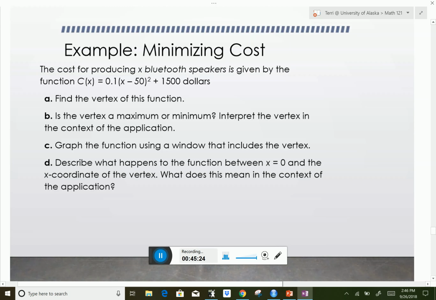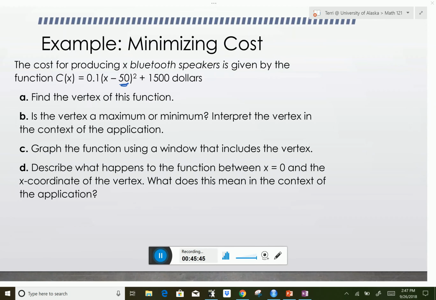So the vertex of this function, we see that this is in the form a times (x - h) squared plus k.